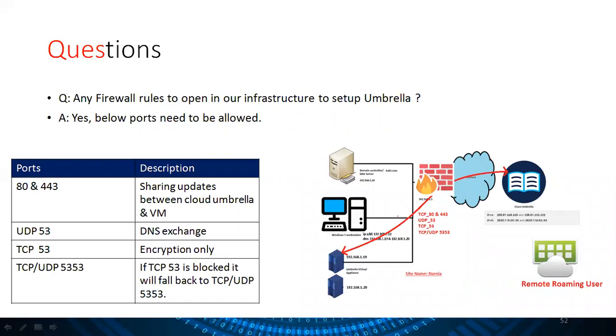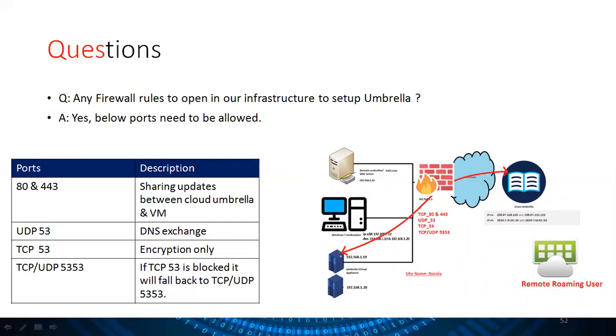For implementing a cloud Umbrella solution, what firewall ports are required? Good question. I picked up these questions from the forums and from a couple of friends who asked them. This is one of the top questions I got, so I pasted it on my slides. We have to allow TCP 8443 between the cloud Umbrella and the VM servers, UDP 53 and TCP 53.